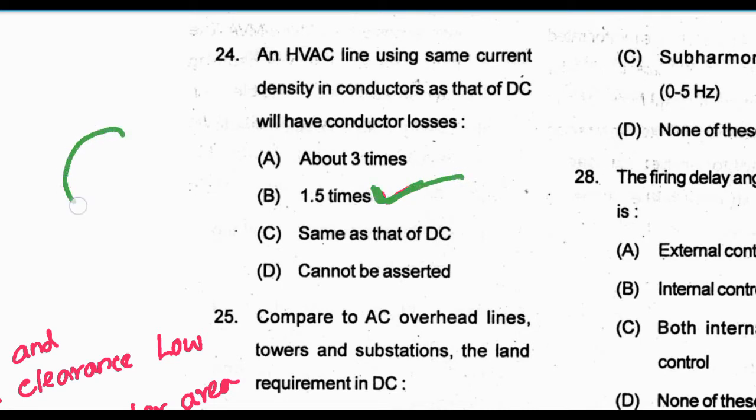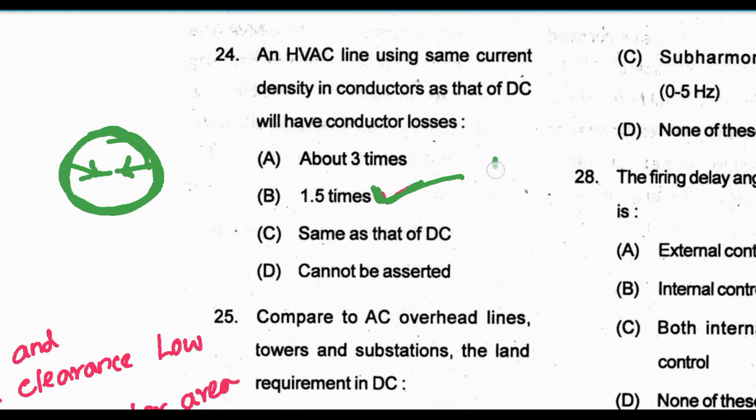In case of DC, the whole cross section causes the current conduction, but in case of AC, the current conduction is reduced towards the center and highest at the peripheral region of the cross section of a conductor. So the effective resistance of a conductor for AC is generally 1.5 times that of DC.